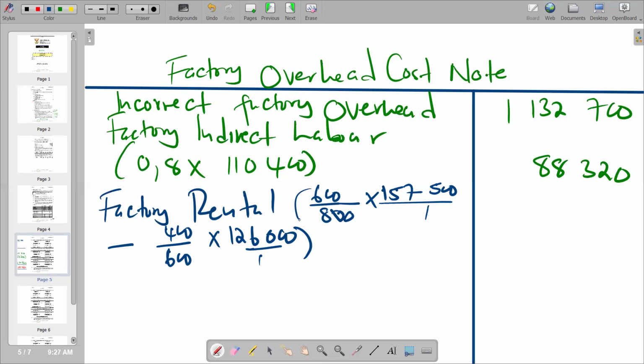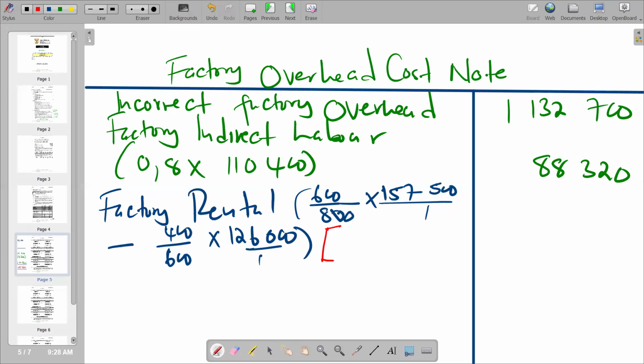If you calculate it like that, you're going to see that the answer you're supposed to get there is 180,125.